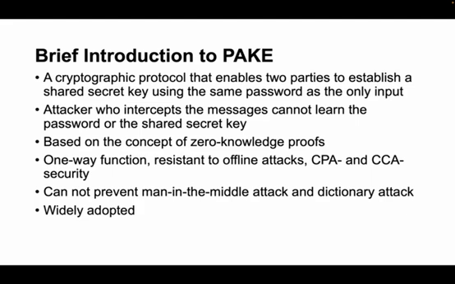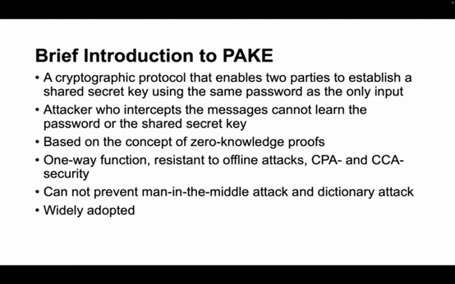In a typical PAKE protocol, two parties, such as Alice and Bob, agree on a password beforehand. During the protocol execution, they exchange messages to establish a shared secret key that can be used for subsequent communication.